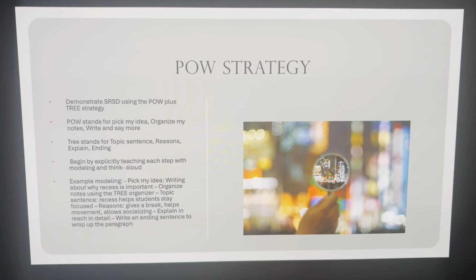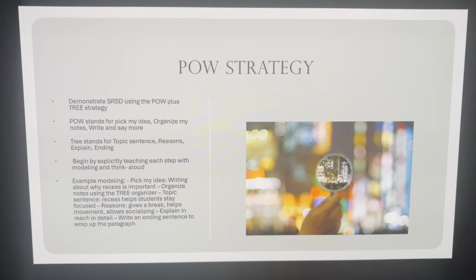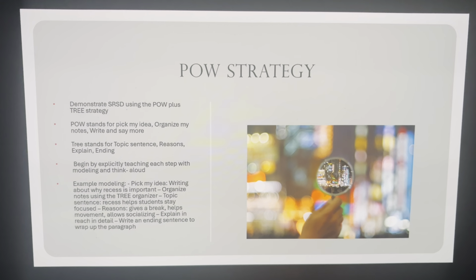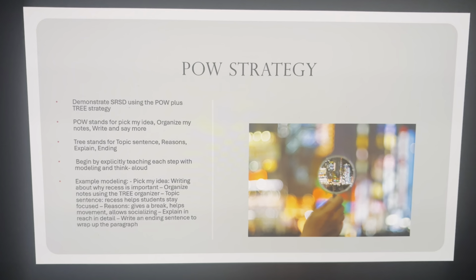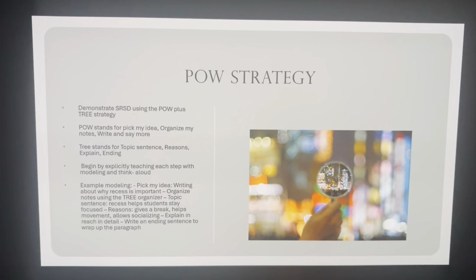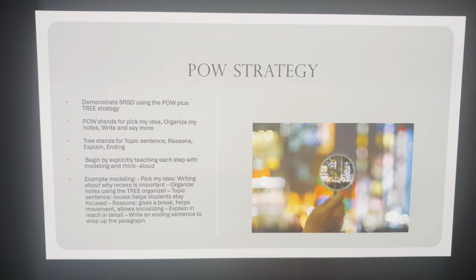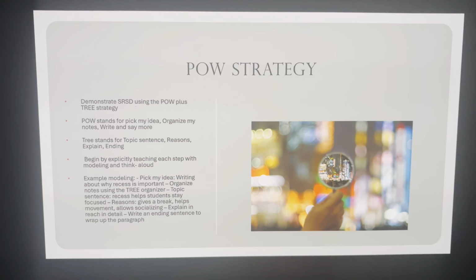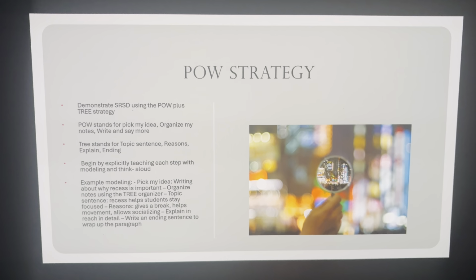My reasons are that it gives us a break, helps us move our bodies, and lets us socialize. Then I explain each reason. Finally, I'll write an ending sentence that wraps up my paragraph. It's also essential to pick an idea that is reinforcing for a student and fun to write about.